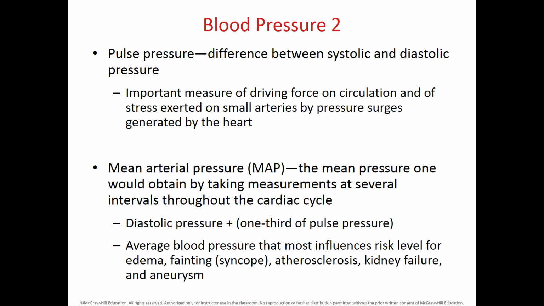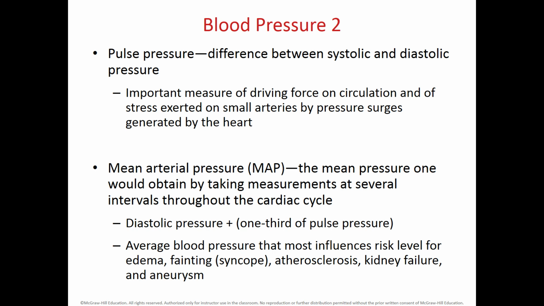So MAP, or mean arterial blood pressure, can be calculated by adding diastolic pressure plus 1/3 of the pulse pressure. So let's say that someone has a pressure of, let's see, 120 over 90.